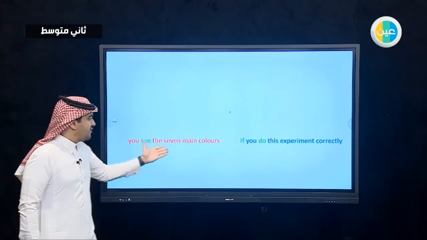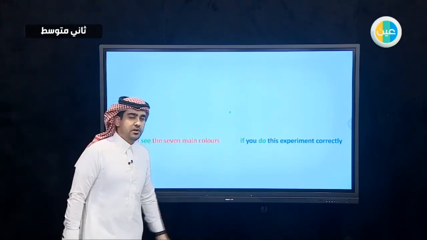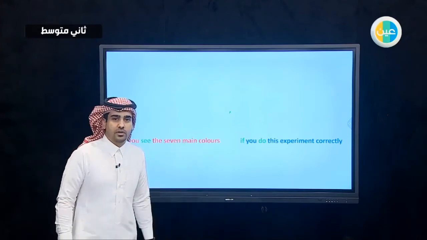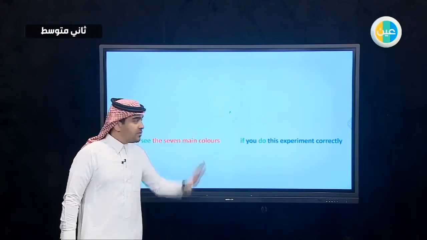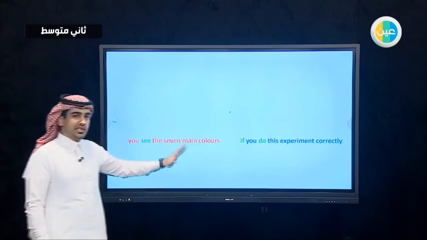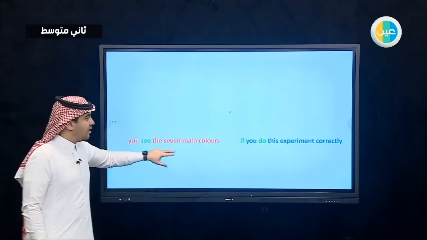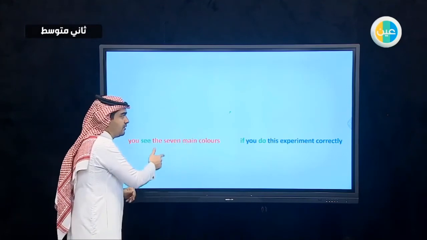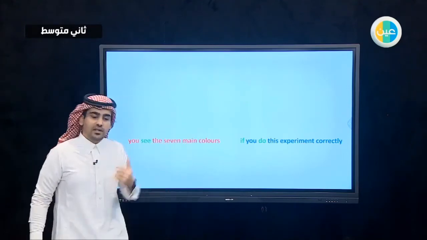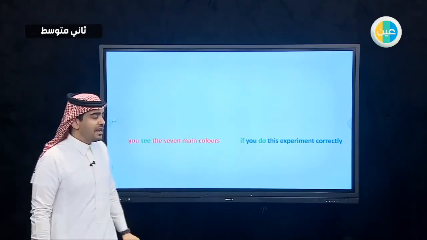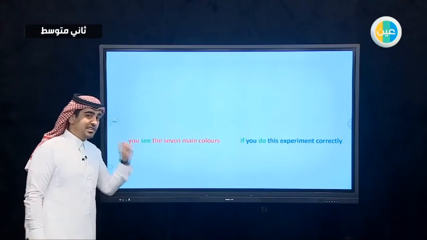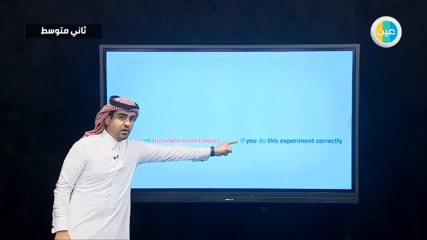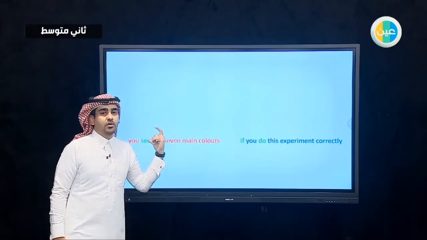You see the 7 main colors if you do this experiment correctly. سترى السبعة ألوان عندما تقوم بهذه التجربة بشكل صحيح. So this is a perfectly correct sentence. الجملة صحيحة 100%. لكن في هذه الحالة إذا صار عندي المين كلوز في بداية الجملة I will lose the comma. أتخلص من الفاصلة لأن لا حاجة لها بعد ذلك. إذا الفاصلة دائما تكون موجودة فقط في حالة أنه كان ال if clause في بداية الجملة.